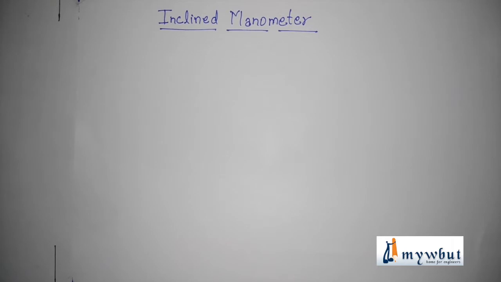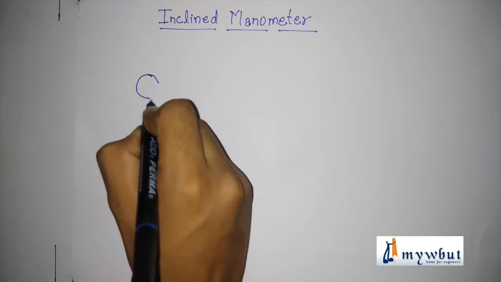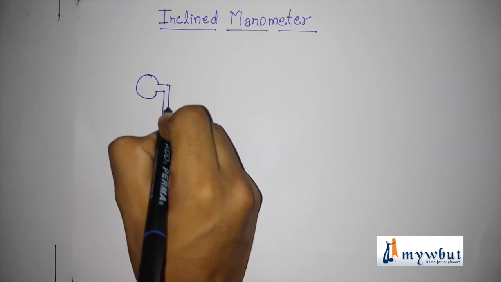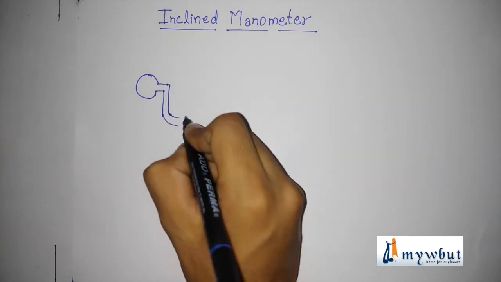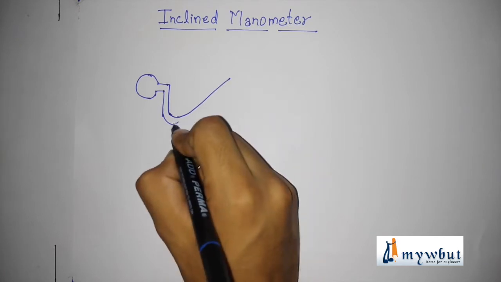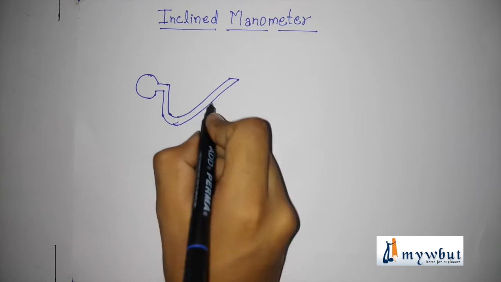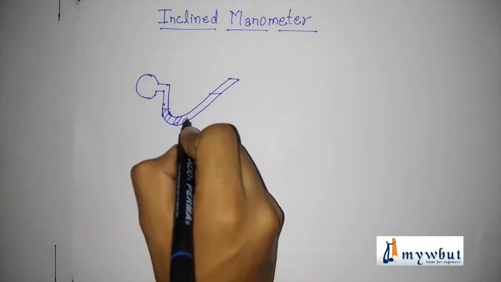Now the last type of manometer which we use is inclined manometer. It looks like this: one side of the manometer will be the same as simple manometer while the other side will be at some angle. The fluid used will have some elevation.